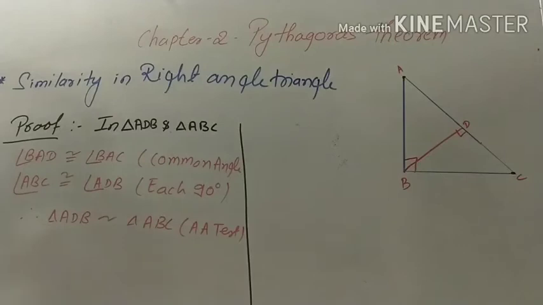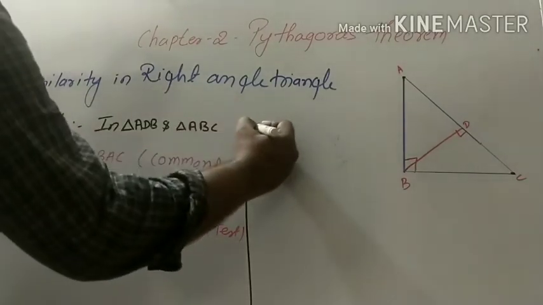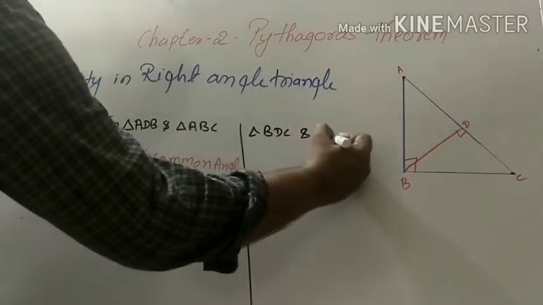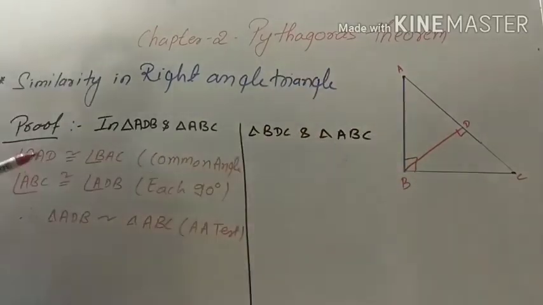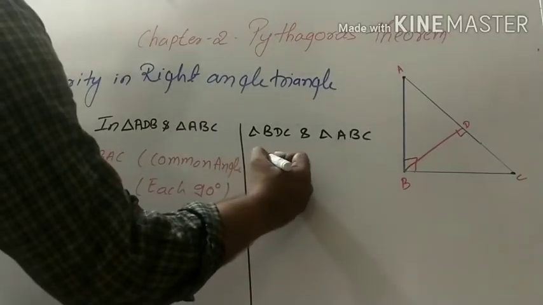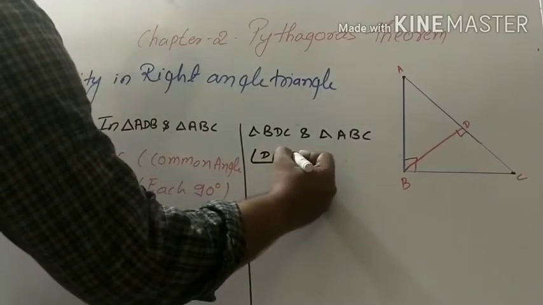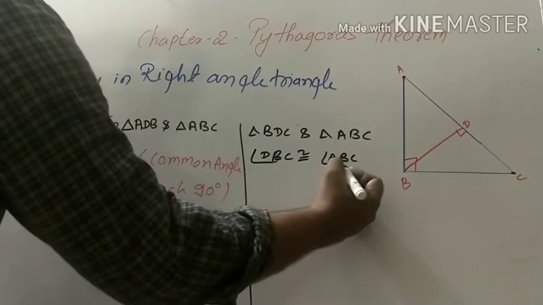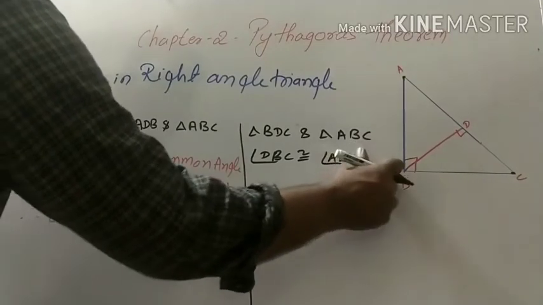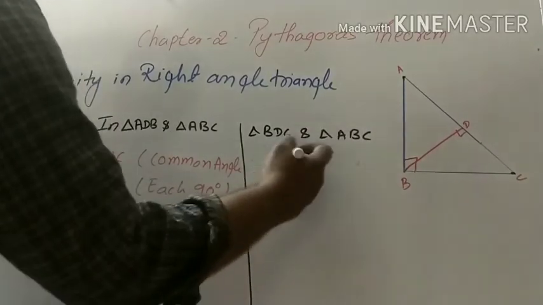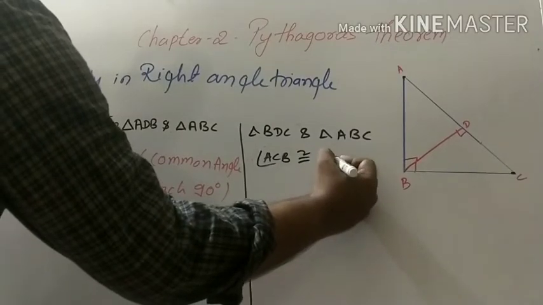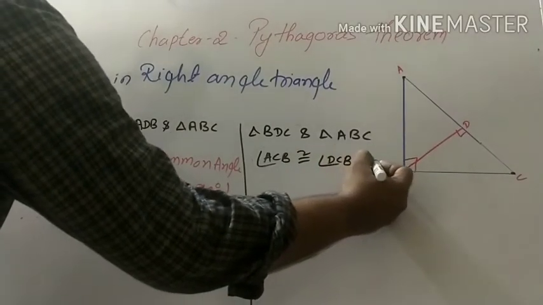Now the second triangle. What is the second triangle? Triangle BDC and triangle ABC. In this, angle ACB congruent angle DCB, that is common angle.